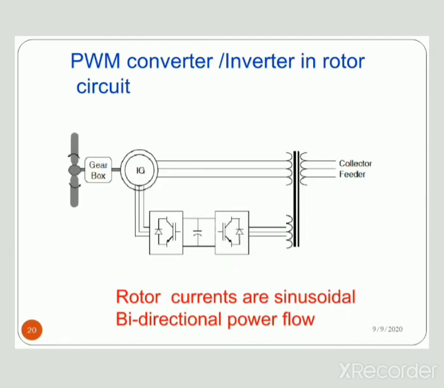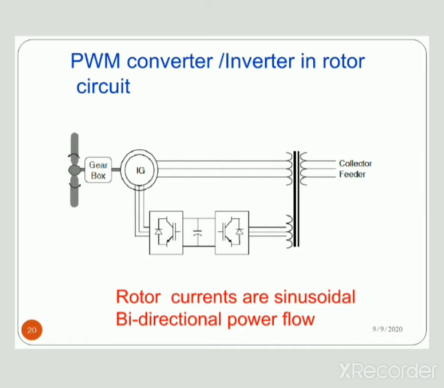Next, PWM, that is the pulse width modulated converter. PWM is the converter, or we can also say inverter, in the rotor circuit. The collector or feeder collects the wind and it is fed to the induction generator.